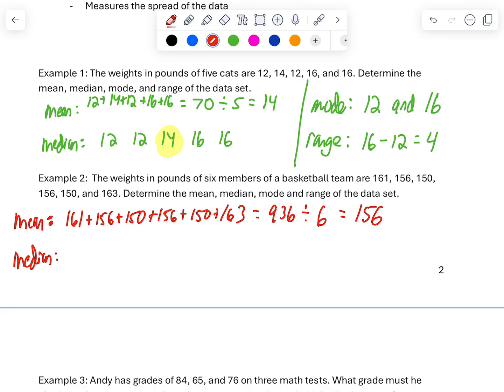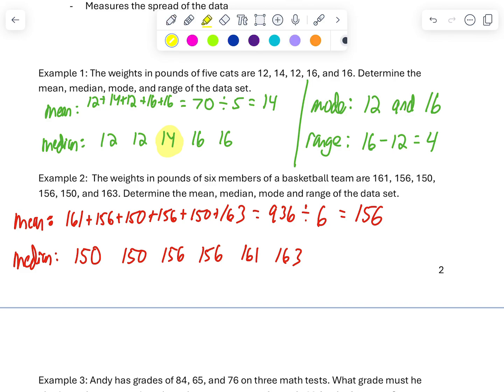Okay, for the median, again, we're putting them in order from least to greatest. Okay, and I believe I did that there. Now, because I have an even set of data here, I have 6 numbers, I have to find the mean of the 2 middle numbers.